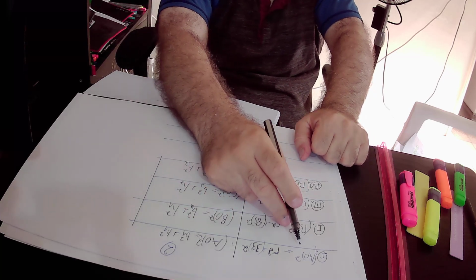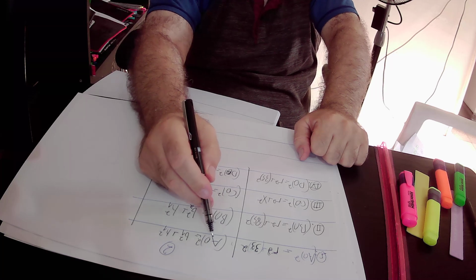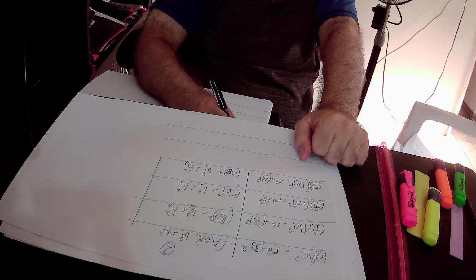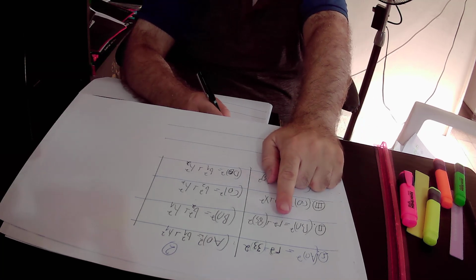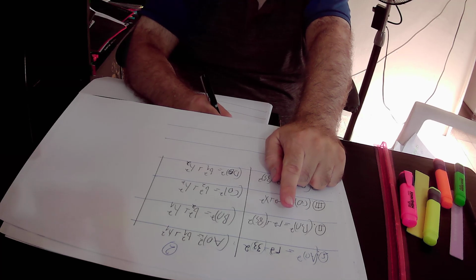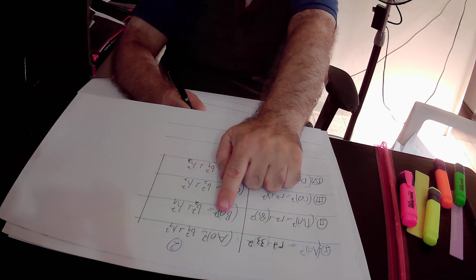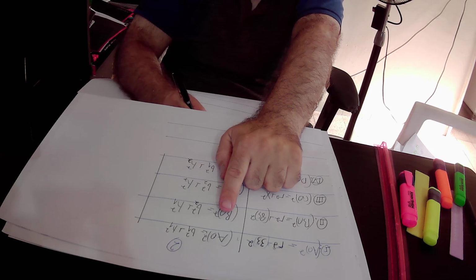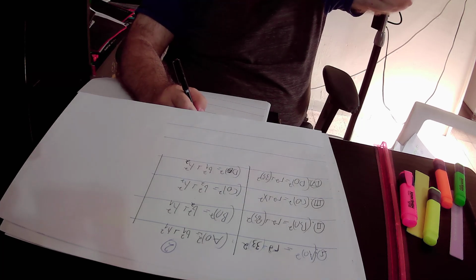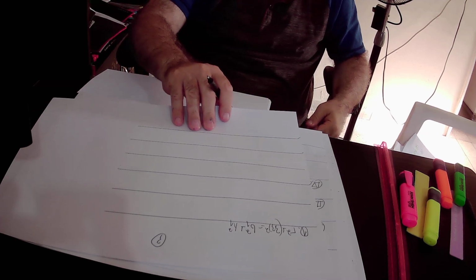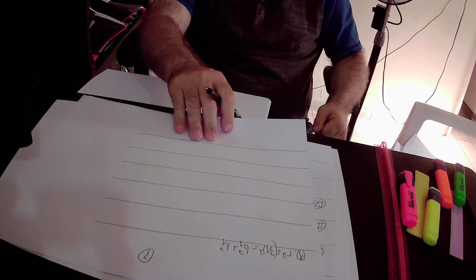So here AO squared according to equation number 1 equals R squared plus 33 squared, and it must be equal to AO squared according to equation number 2, that is B1 squared plus H1 squared. That is to say, we found out that R squared plus 33 squared equals B1 squared plus H1 squared.